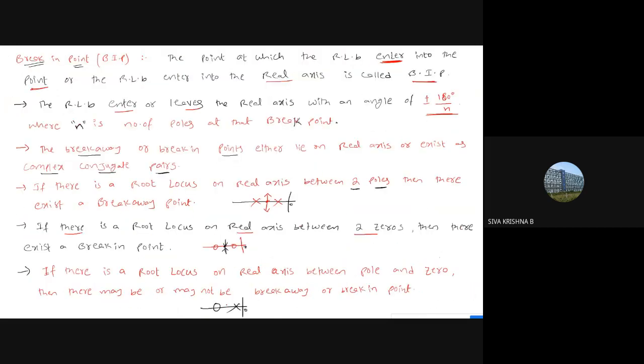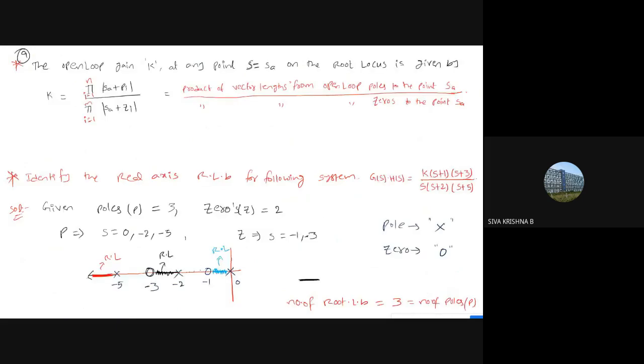Okay then. Now moving on to this problem. Try to continue this problem with some more justification. Find the number of asymptotes for that one. What is the formula for that?